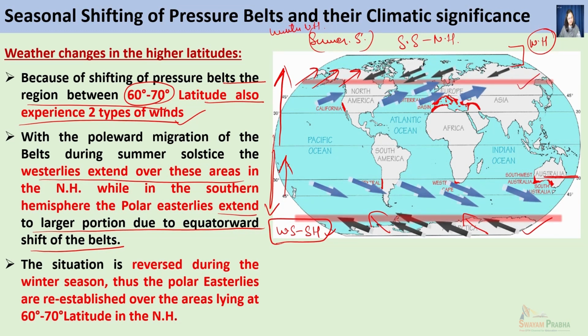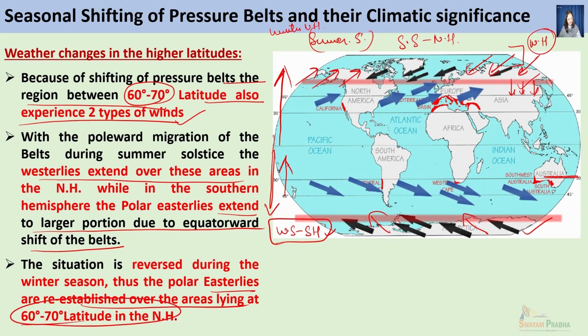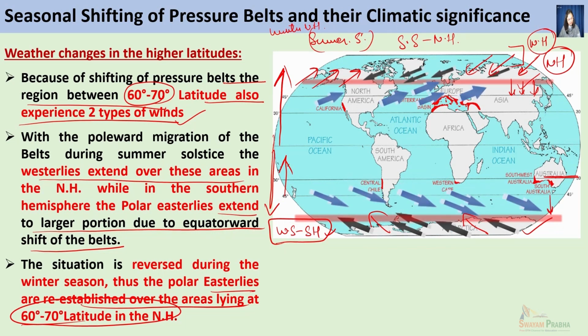Just observe how with the shifting of pressure belts, the westerlies have also shifted equatorwards, and the entire region which was earlier under the influence of westerlies, now the polar easterlies are re-established in these areas which lie between 60 to 70-degree latitudes in the northern hemisphere. And opposite to this, just observe how the westerlies shift southward with the poleward movement of the pressure belts in the southern hemisphere during summer season in the southern hemisphere.